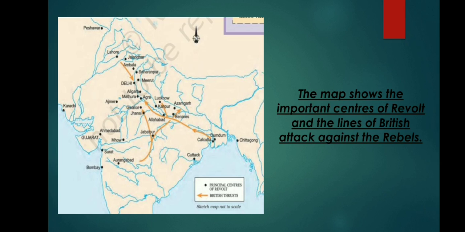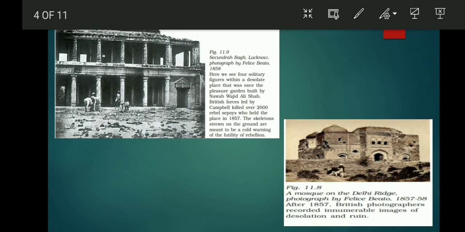We can see that from the western part and from the eastern part, they are moving towards the north. That means this way the Britishers started quelling the uprising. After that, here are some pictures that will tell you how some of the British buildings were totally destroyed by the rebels after the revolt of 1857.